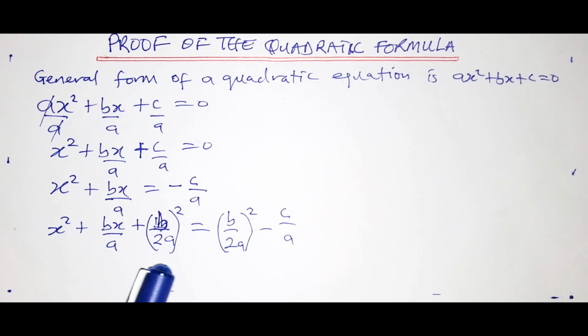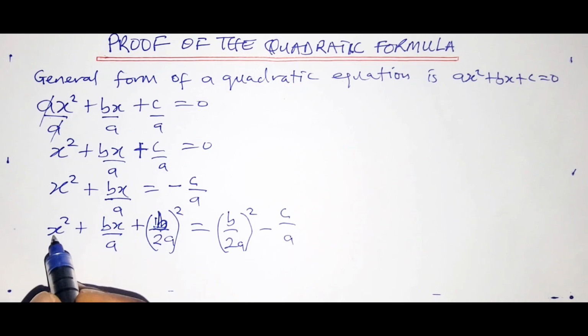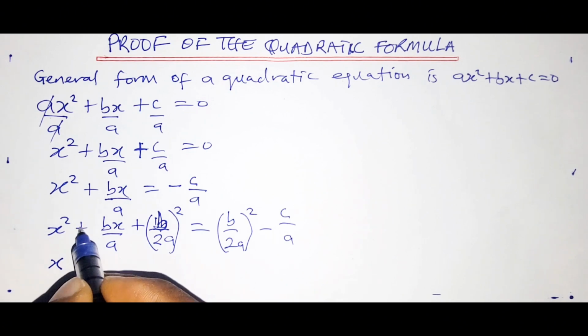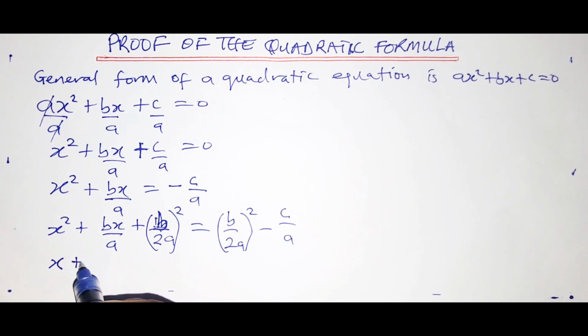And if you notice, on the left hand side here, we have a perfect square trinomial. And how do you factor this trinomial? Pick out the first term here, x, all right, the sign in front, and you have positive because it's a perfect square trinomial.